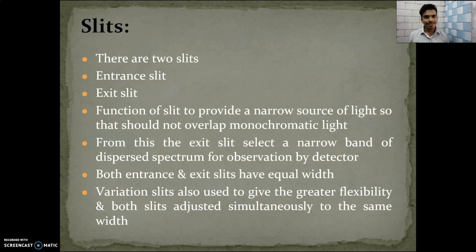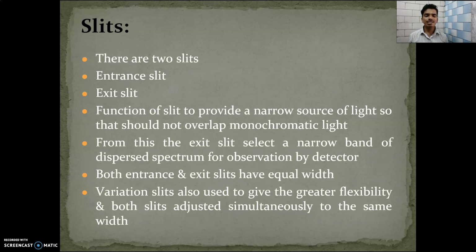Then, what are the slits? There are two types, entrance slit and exit slit. The function of these slits is to provide a narrow source of light so that it overlaps the monochromatic light, and the exit slit selects a narrow band of the dispersed spectrum for observation by the detector.